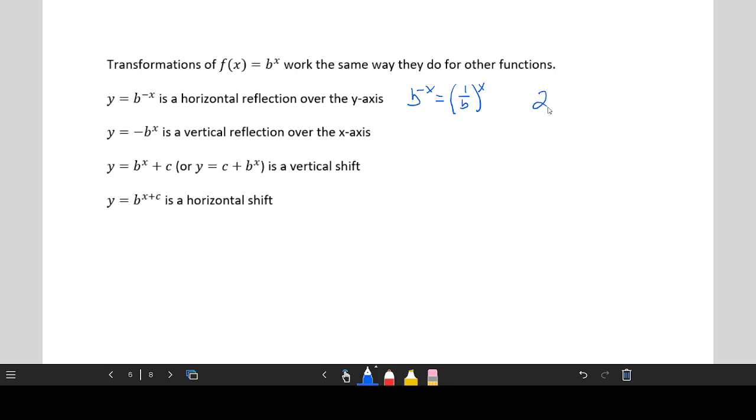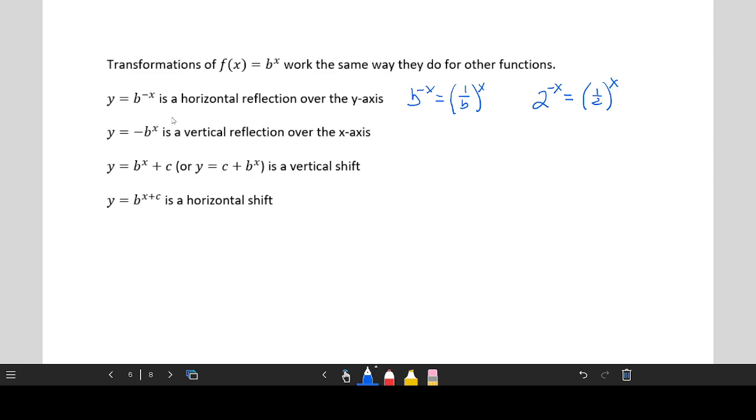So for example, we saw that 2 to the negative x is the same as (1/2) to the x. So when we graphed (1/2) to the x, that's why it was a reflection of 2 to the x, because it was essentially 2 to the negative x.